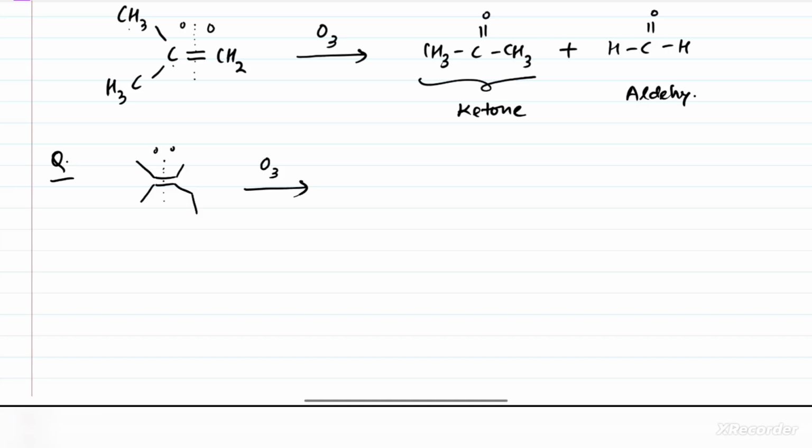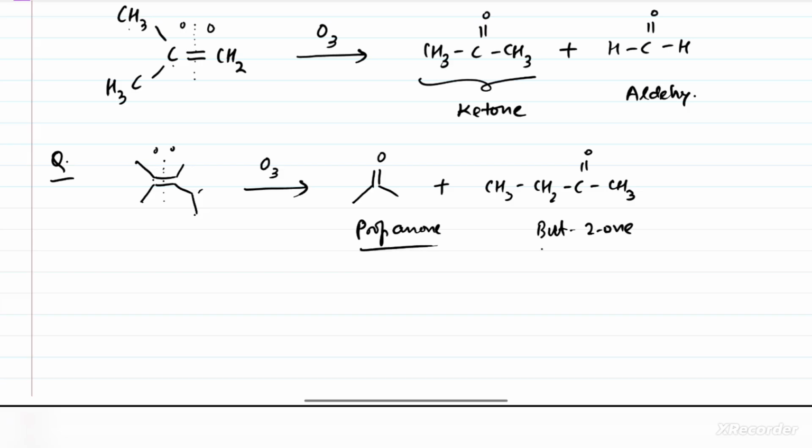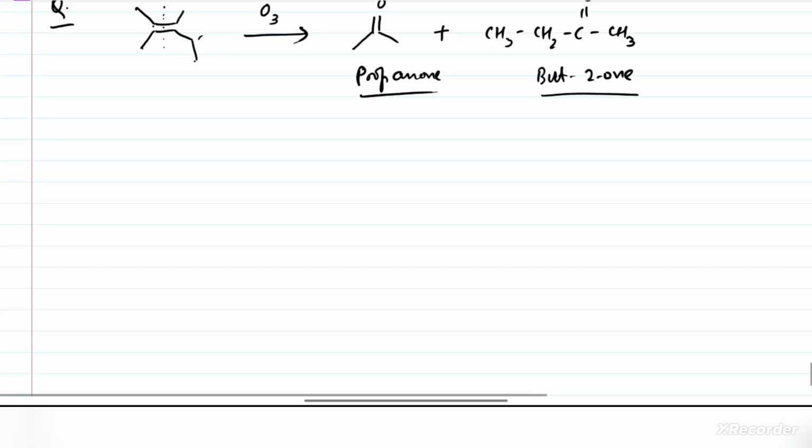This is CH3COCH3, so we get one acetone, and then CH3CH2COCH3, so one is propanone, another one is butan-2-one. In this way we can prepare any ketone or aldehyde using ozonolysis.